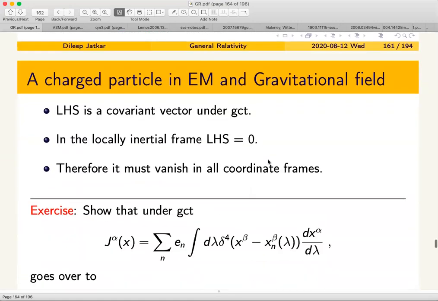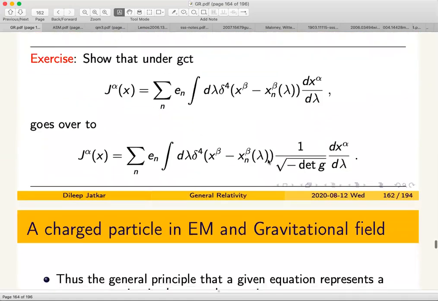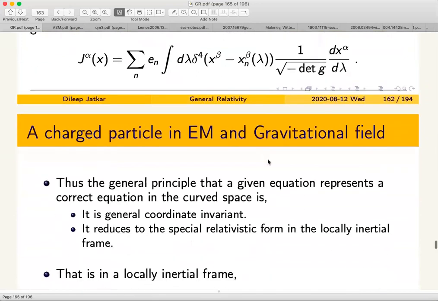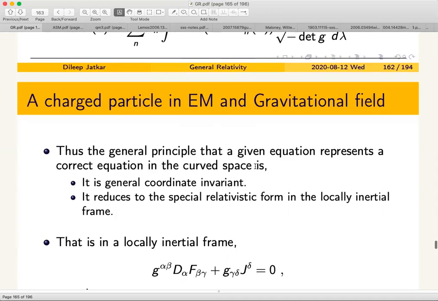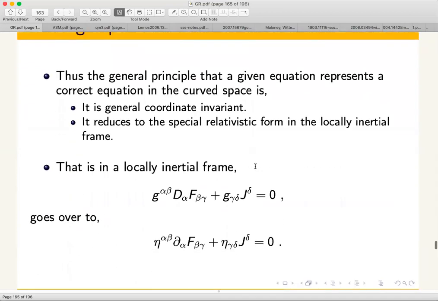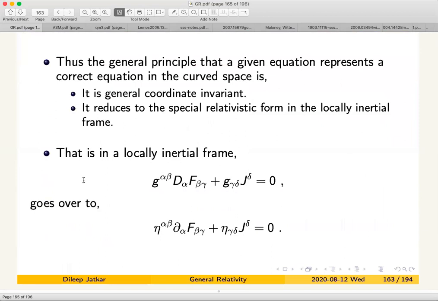Okay, so there are two conditions that we used while generalizing this Maxwell's equation to curved space. So this is the statement corresponding to the second condition, that when you go to a locally inertial frame, it just reduces to the original Maxwell's equation.